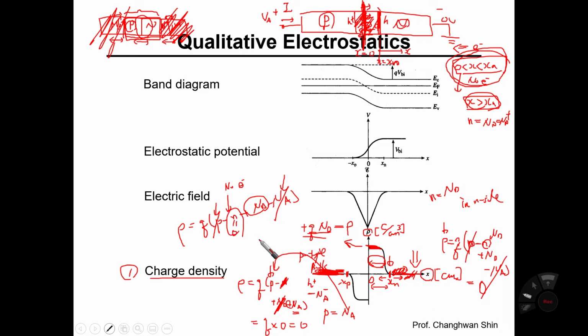All the free electrons in the N side in these regions have diffused toward the P side, so nothing is left behind in the region between 0 and xn. So the charge density is Q times ND, and the y-intercept is Q times N sub D.